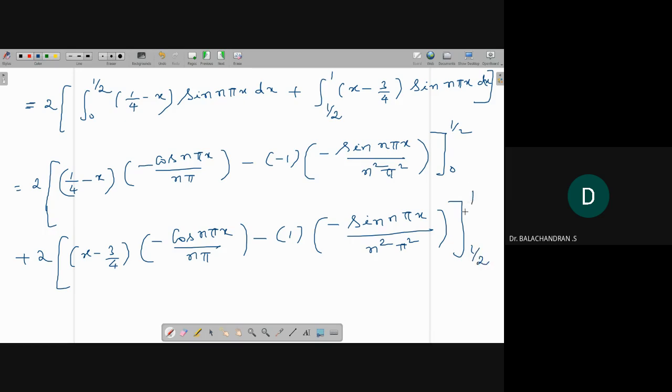Okay. So now you should apply the upper limit. If you substitute x is equal to half, 1 by 4 minus half is minus 1 by 4.